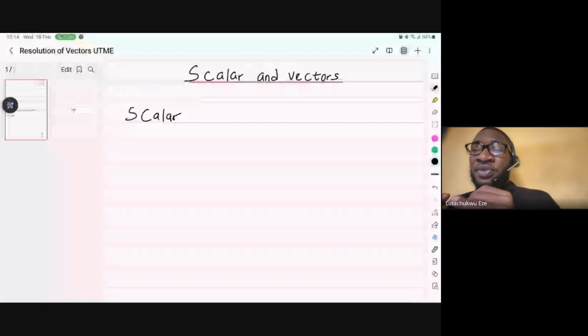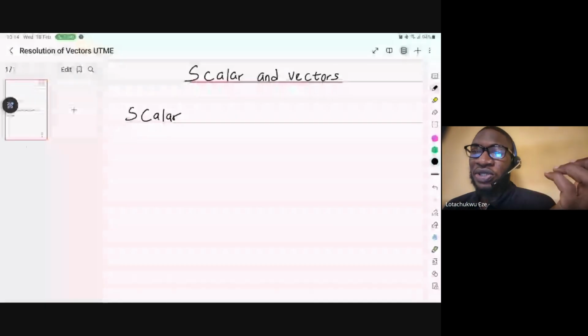So we have just magnitude and without direction, right? For example, if you are traveling, distance is a scalar quantity. Speed is also a scalar quantity. I can tell the man, okay, I'm traveling to Lagos, and just take me to Lagos. If I'm talking about taking me to Lagos, I'm giving that person direction.